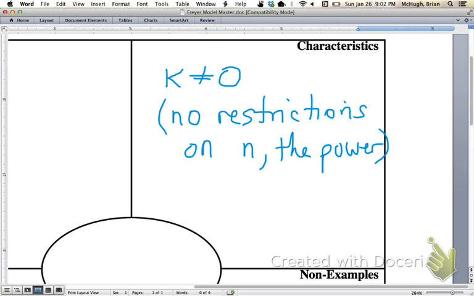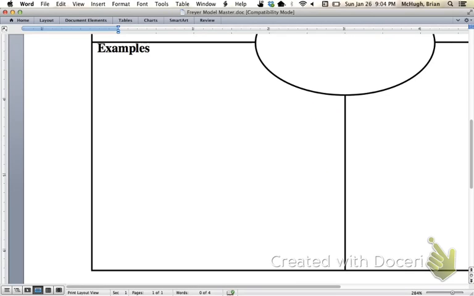Now the location of everything needs to be the same. X needs to be the base and n needs to be the exponent. But as far as the numbers for your coefficient, k can't equal 0, and for your power n, there are no restrictions on the power n. So a real simple example to begin with would be something like f of x equals x to the 8th power.